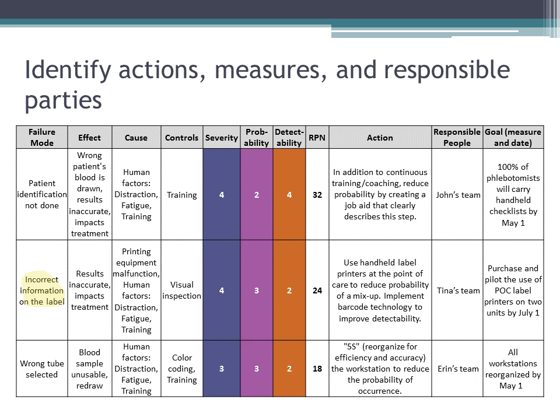So we decided that one of our actions to address this would be to use handheld label printers at the point of care to reduce the probability of putting the wrong label on the wrong tube. We've determined who will be responsible for ensuring this action is done, and we also wrote in a goal that we will purchase and use point of care label printers on 2 units by July 1st of this year.